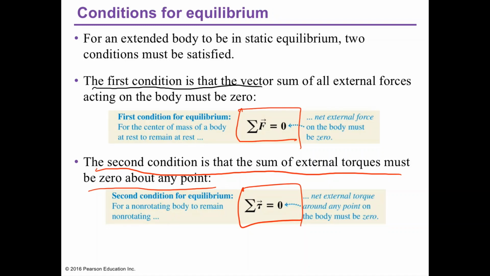So in this chapter, we'll apply the first and second conditions for equilibrium to the situation in which a rigid body is at rest. There's no translation or rotation. If this condition is met, such a body is said to be in static equilibrium.